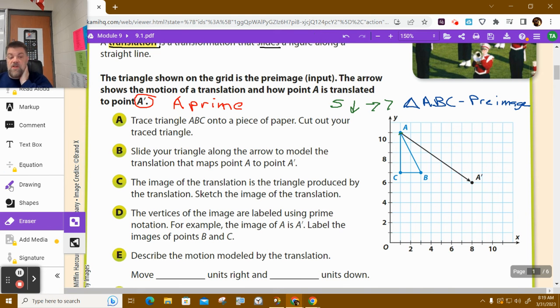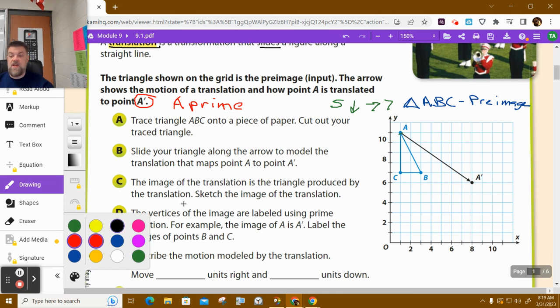So if I wanted to graph the image, I would go to point B, and I would go down 1, 2, 3, 4, 5. Then I would go over 1, 2, 3, 4, 5, 6, 7, and that's where B prime is. Then I would do the same thing for C. I would go down 1, 2, 3, 4, 5.